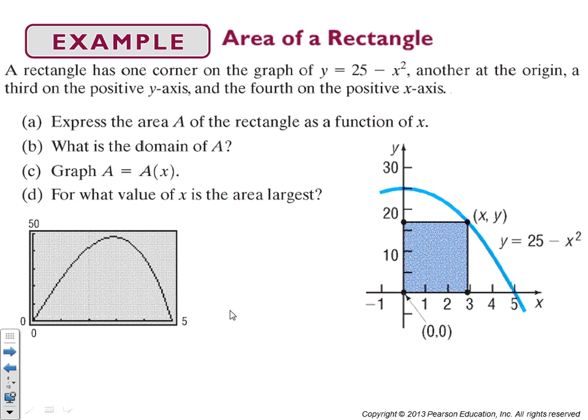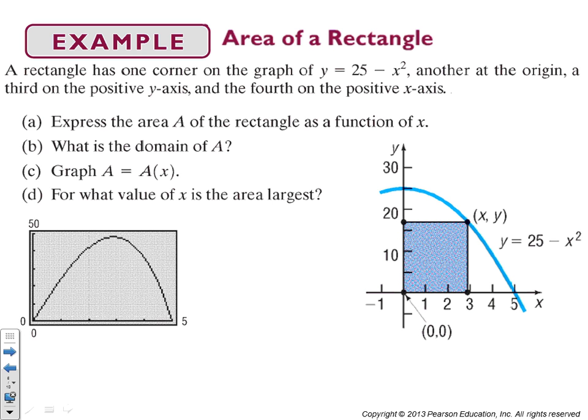So we are not going to take a look at anything below x equals 0. And let's make sure we set our window so that we can see the very top here. So we want to make sure our y max is at least 50 on our graphing window.